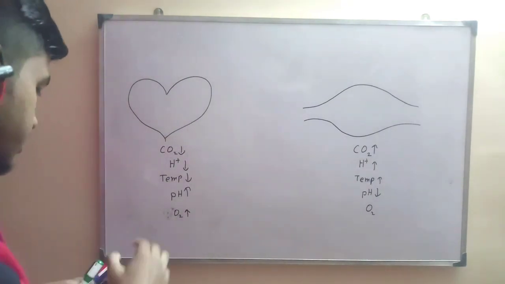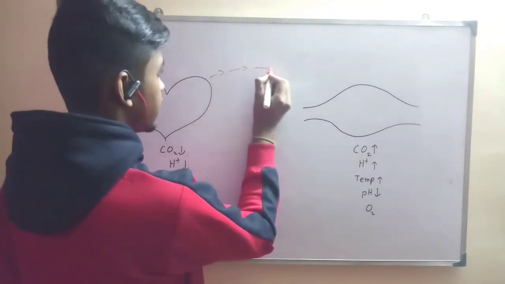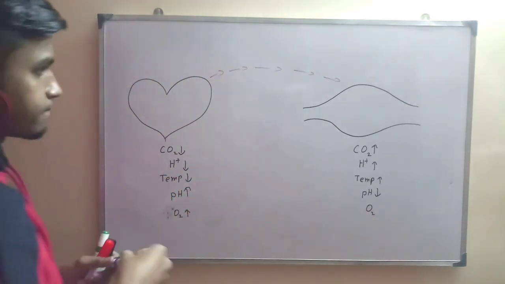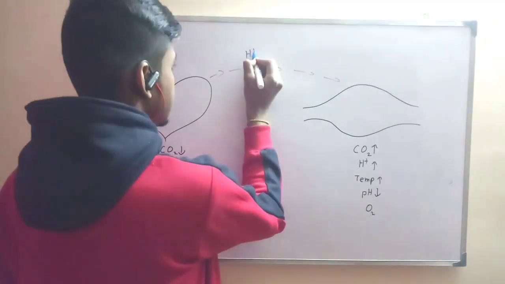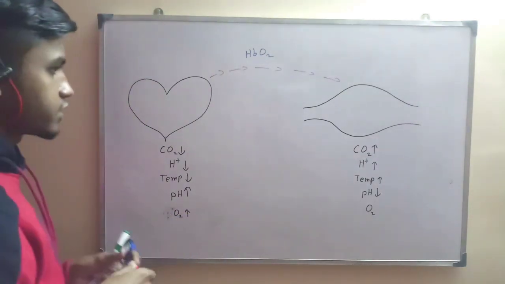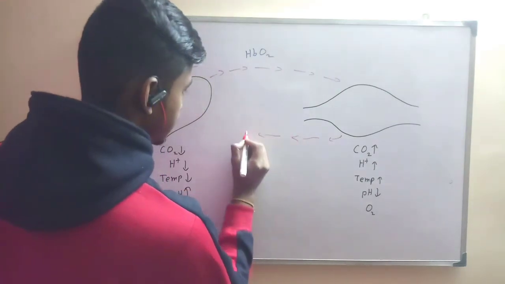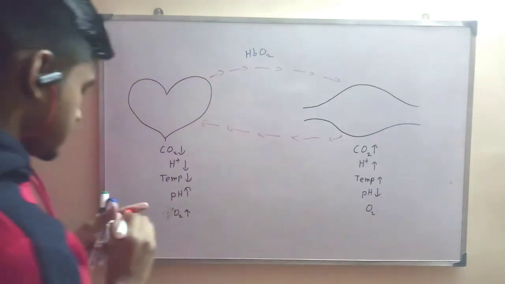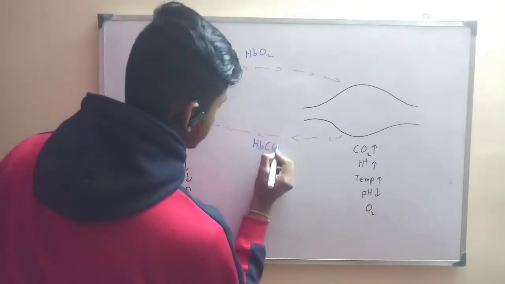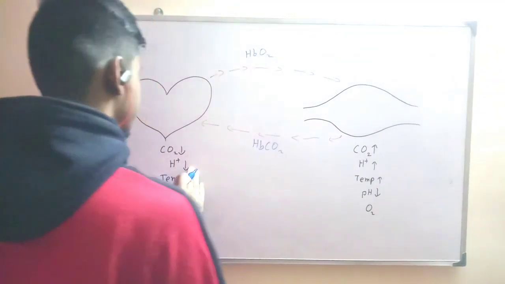Now if we see the blood circulation, the blood circulating from the heart to the muscle is having HbO2, and the blood circulating from the muscle to the heart is having HbCO2. So basically it is a homeostasis of oxygen and carbon dioxide.